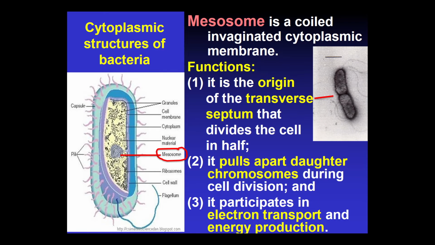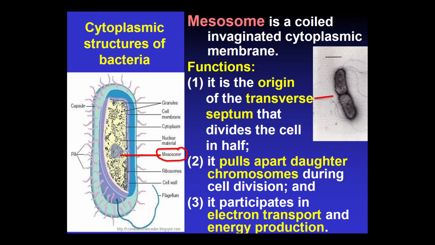So in the cytoplasm of bacteria, we may see a very important structure that is called the mesosome. It is a membranous structure, coiled and invaginated, a part of the cytoplasmic membrane. See, this is the cytoplasmic membrane and this is the invagination. It has multiple functions, by the way.